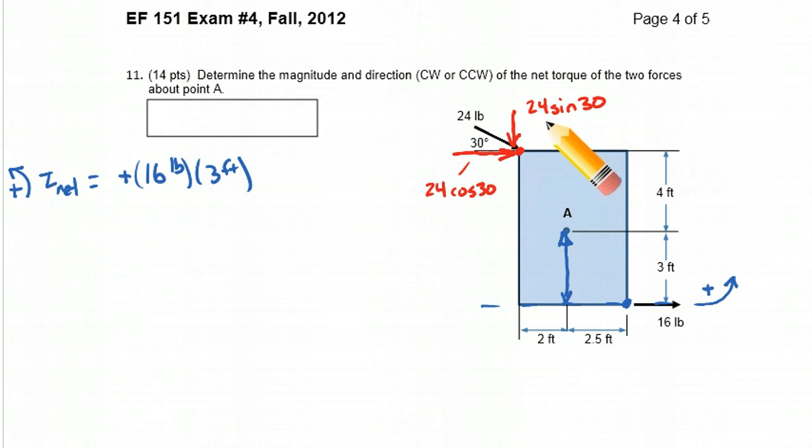Let's do this one next. The vertical component, its line of action is, and perpendicular distance is that distance right there.